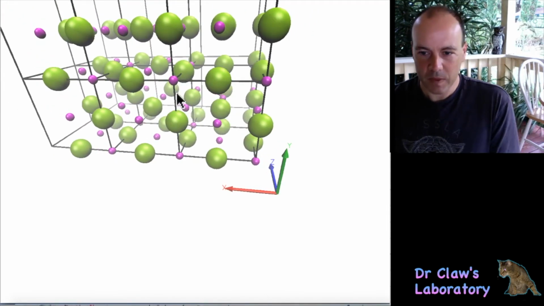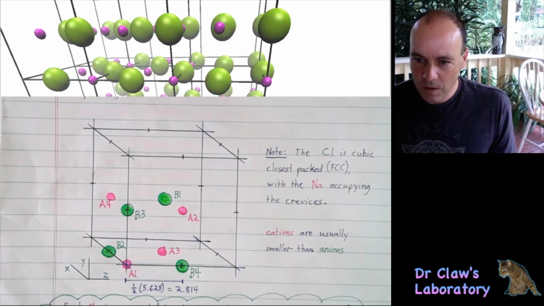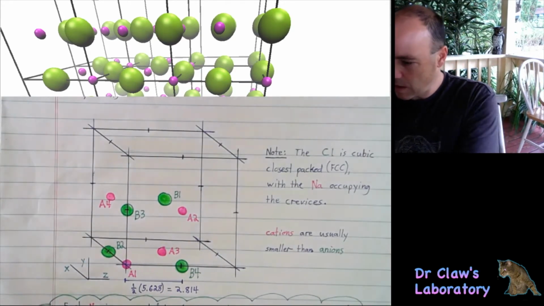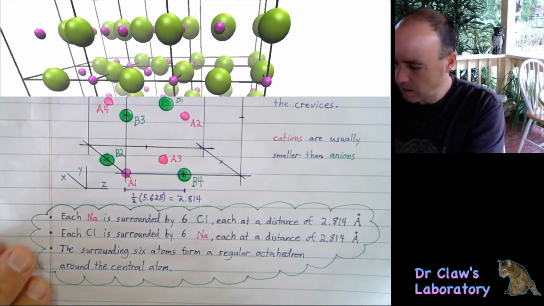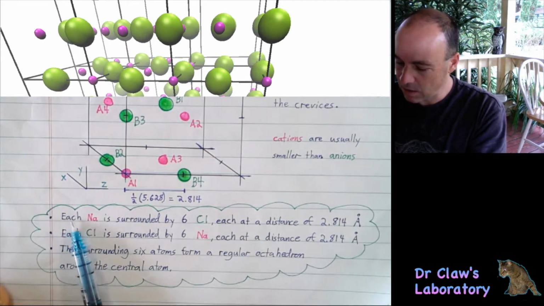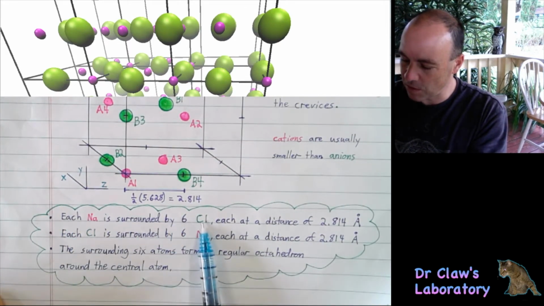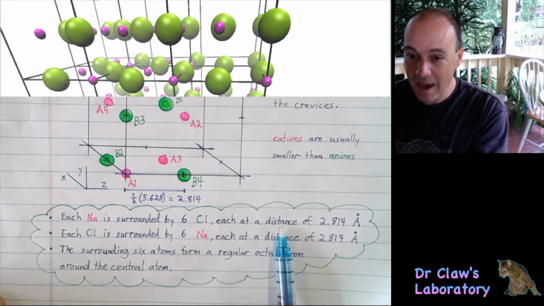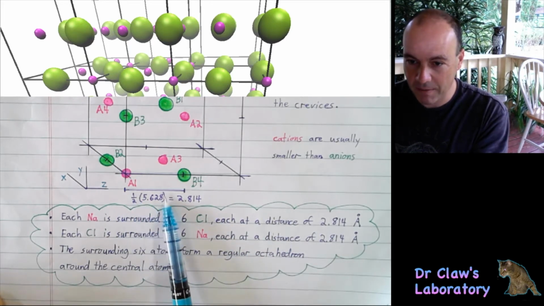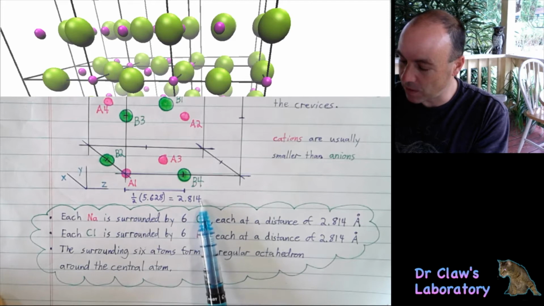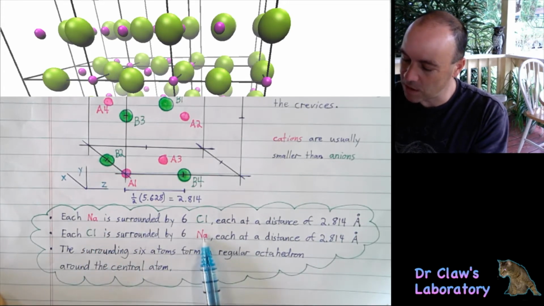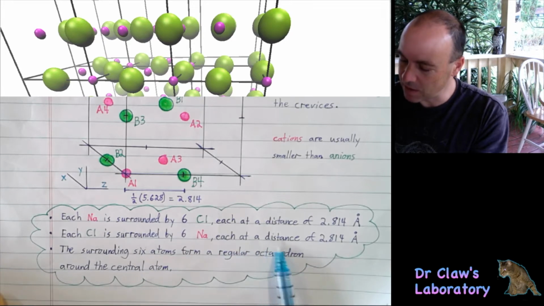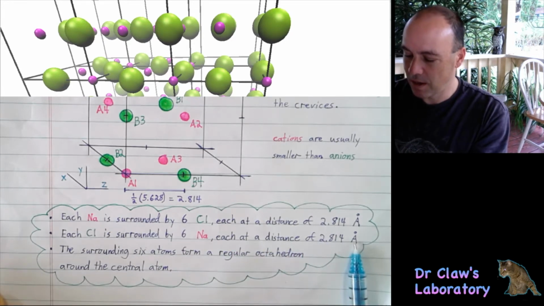So the answer to that is that each sodium is surrounded by 6 chlorides, each at a distance of half of an edge length. And if you calculate half of the edge length, that's 2.814 angstroms. And likewise, each chloride is surrounded by 6 sodiums, each at a distance of 2.814 angstroms.